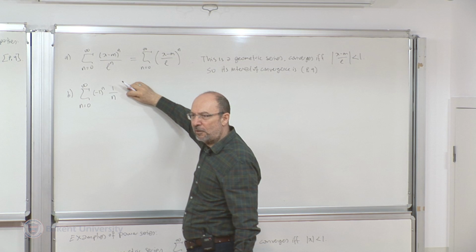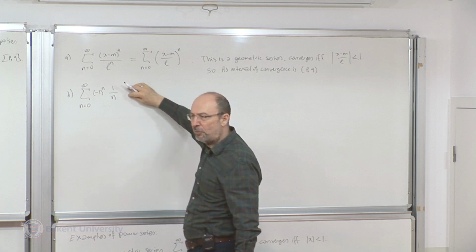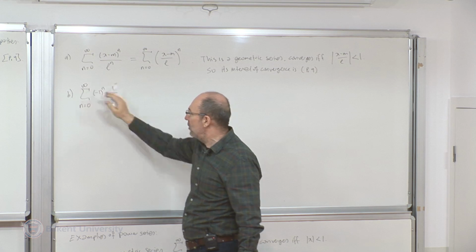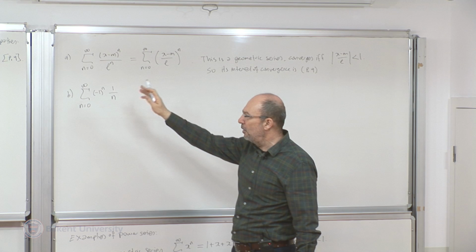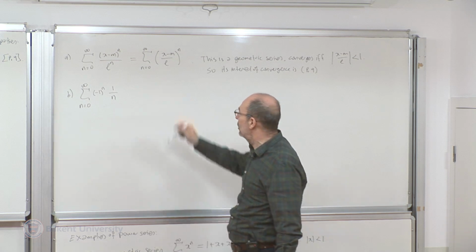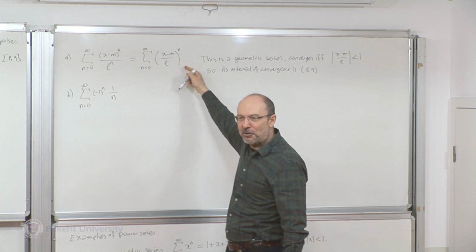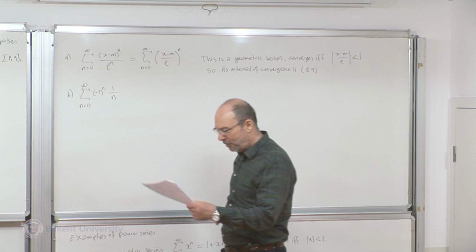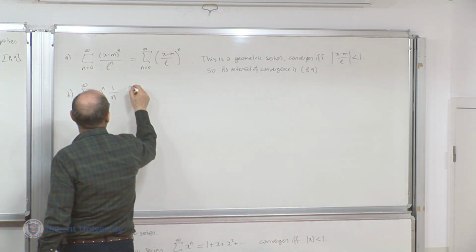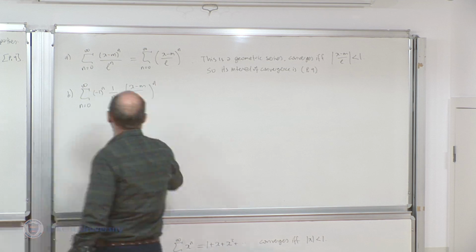If this part also contributes (minus 1) to the power n, this will be cancelled and I'll have 1 over n, which diverges. So I'm trying to play with this to get convergence at one endpoint. Being a mathematician, I look at the previous case, which worked, so I try it: (x minus m) over L to the power n.